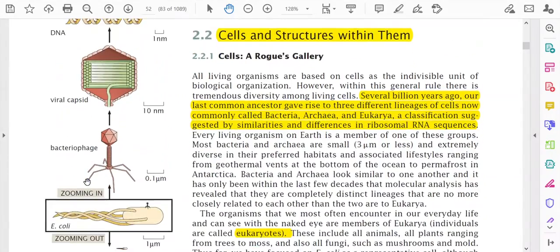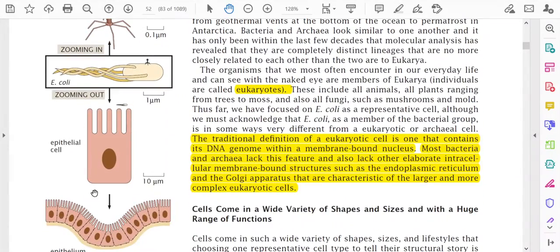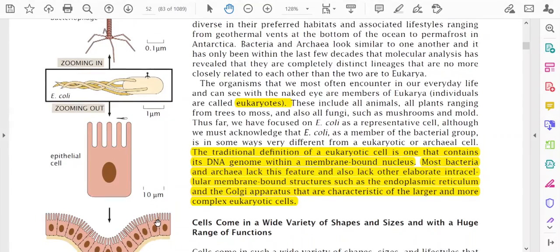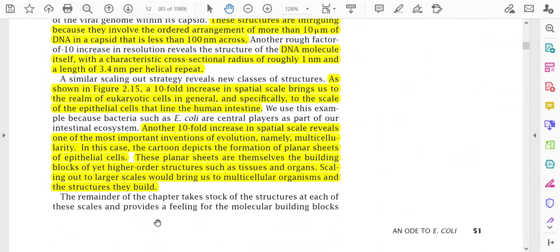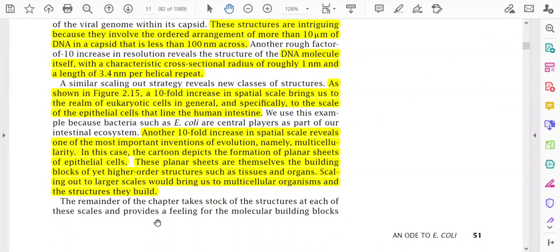This is a single epithelial cell, but if you look at this figure, these are planar sheets of epithelial cells. Sheets of epithelial cells means there is multicellularity. Different cells join together to form a multicellular structure.